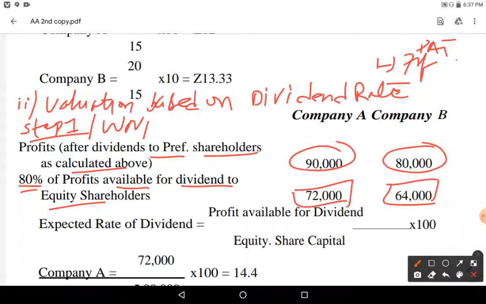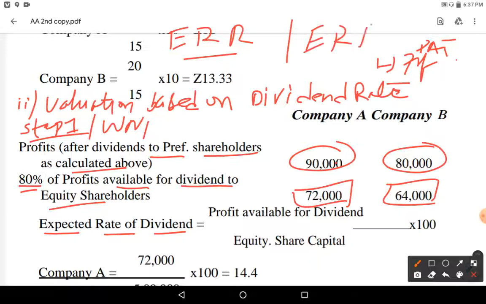Then we will calculate the expected rate of dividend. Previously we calculated expected rate of return. Now we will calculate expected rate of dividend, that is ERD. Expected rate of dividend is equal to profits available for dividend divided by equity share capital into 100. Before, we took profits available to equity shareholders.